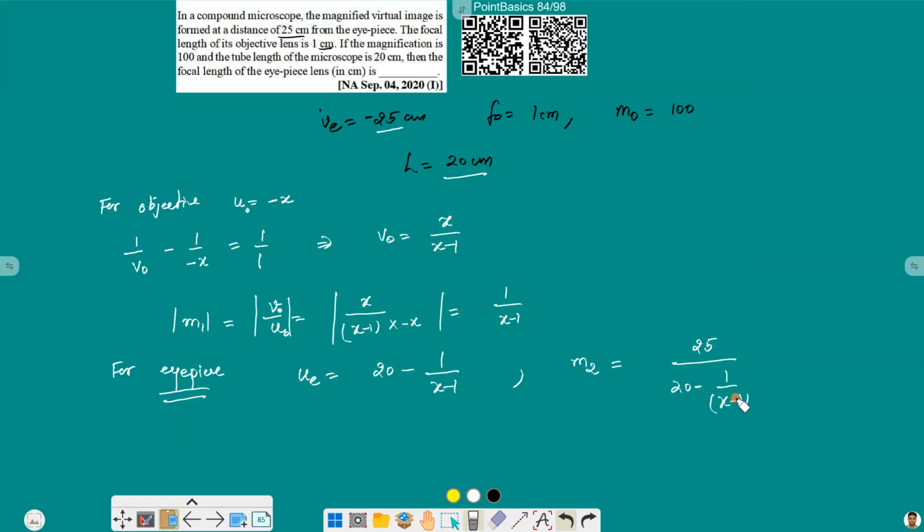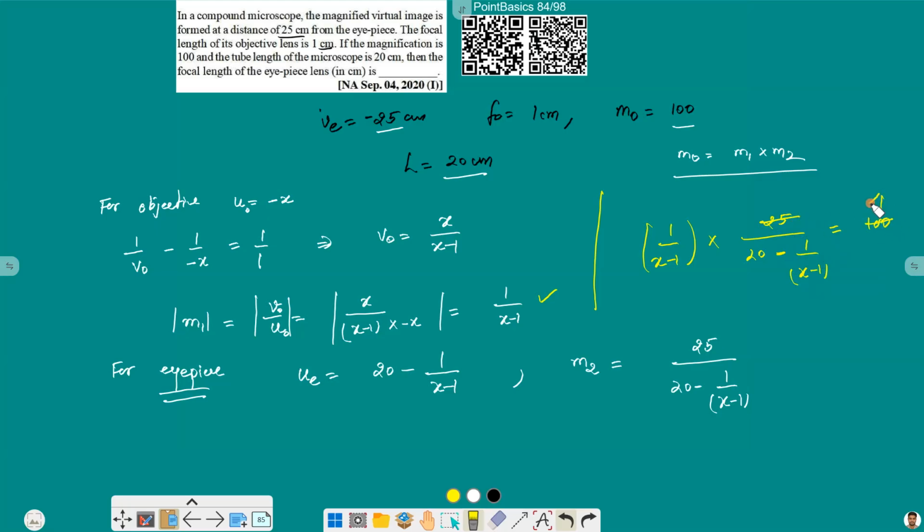Now as mentioned here, the total magnification is 100, so M_O will be equal to M1 into M2. This relation will hold. So if you multiply, M1 is 1 by X minus 1, into 25 by 20 minus 1 by X minus 1, is equal to 100.